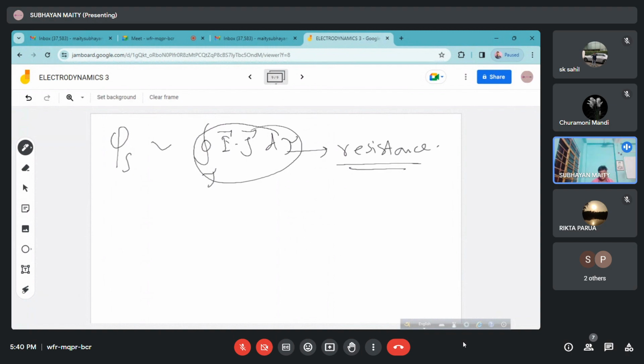So the extra component we are talking about will be some resistance-like component within the circuit, an extra component which is resistance-like. But this component is not externally connected. This resistance appears automatically due to the time varying source.